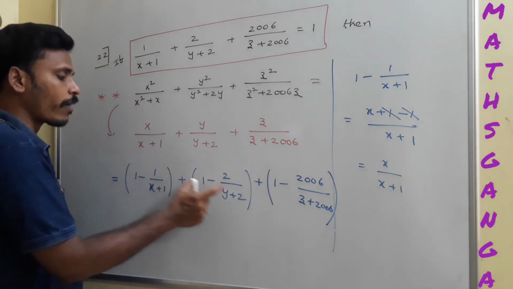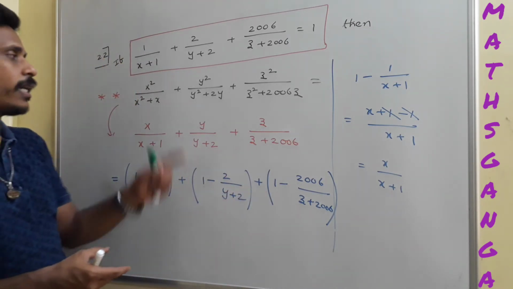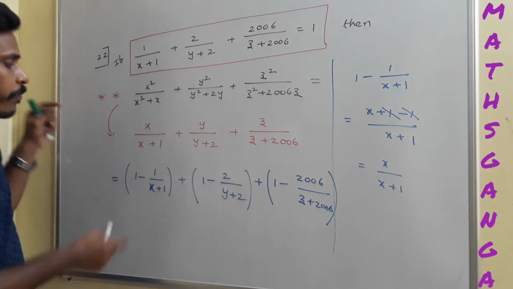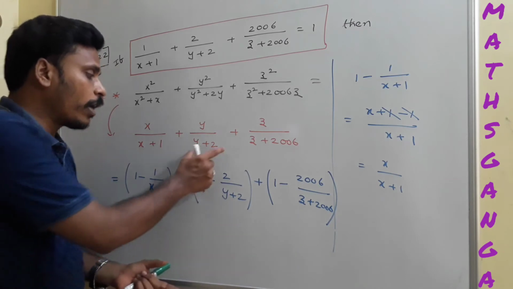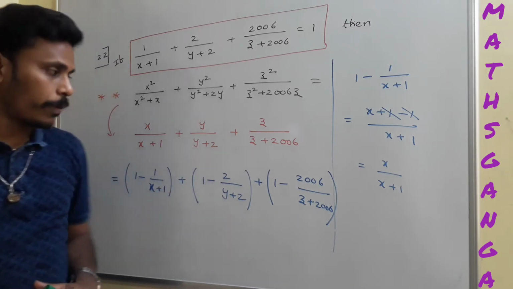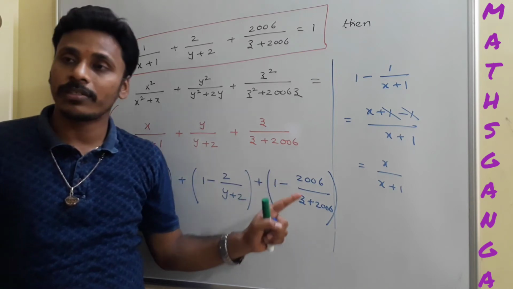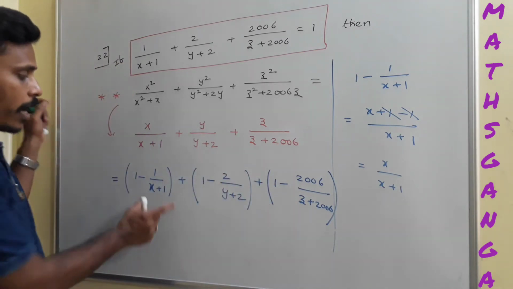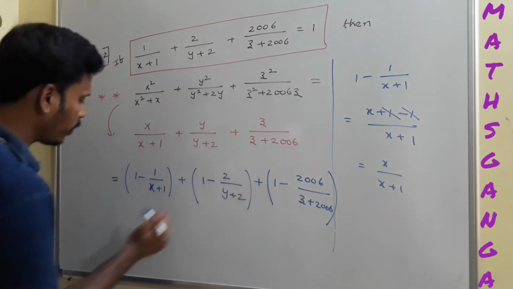See, this way of writing is very important and critical in this problem. x by x plus 1 is 1 minus 1 by x plus 1, y by y plus 2 is 1 minus 2 by y plus 2, and z by z plus 2006 is 1 minus 2006 by z plus 2006. And the sum of these three we have to add. See, 1, 1, 1, that is 3.